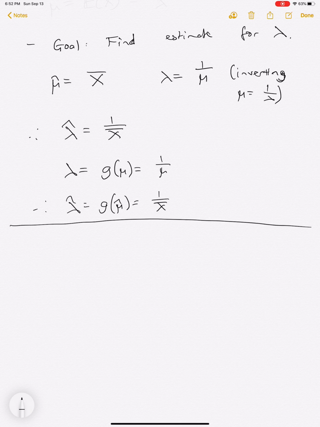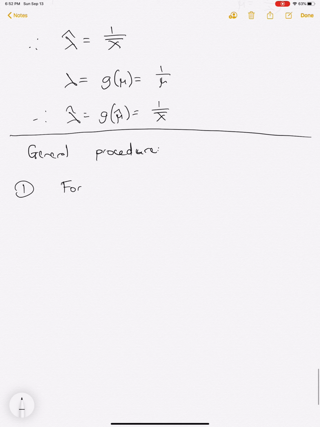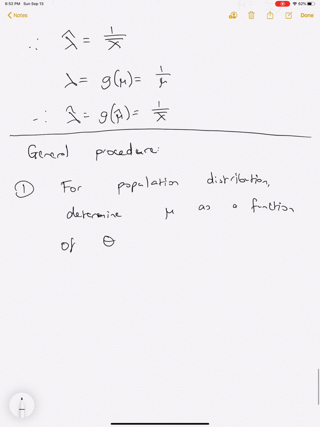So the general procedure can be thought of as follows. For a population distribution, determine mu as a function of theta.